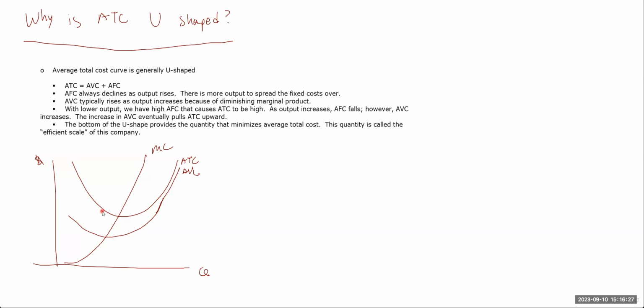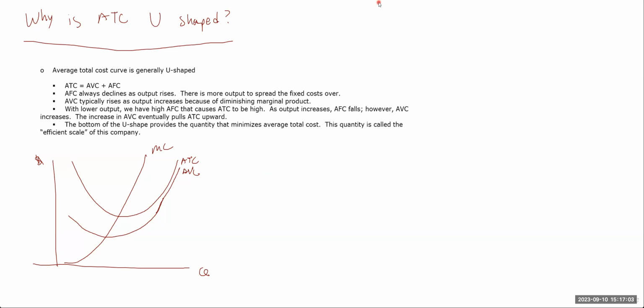But because of diminishing marginal product of inputs, average variable cost starts creeping up. We see that here. It's declining and then it creeps up like this. And that causes average total cost to creep up as well. As Q increases, average variable cost increases, which causes average total cost to increase. That's why average total cost is U-shaped.